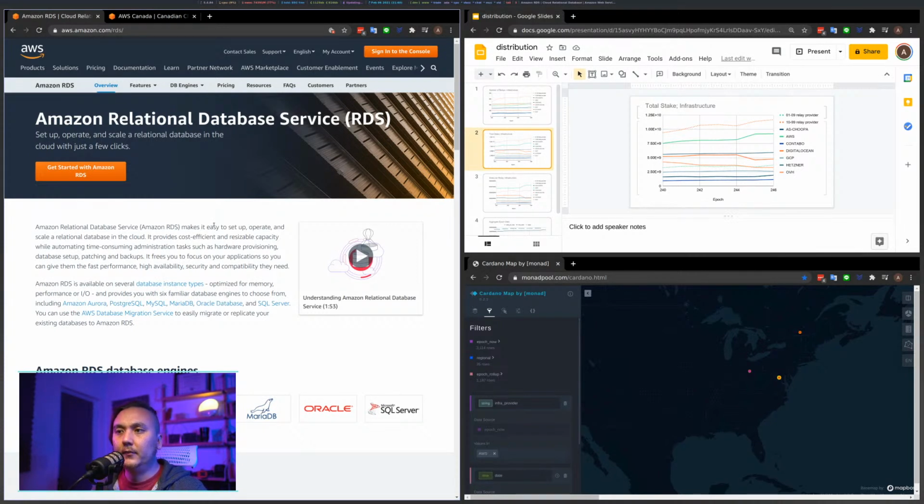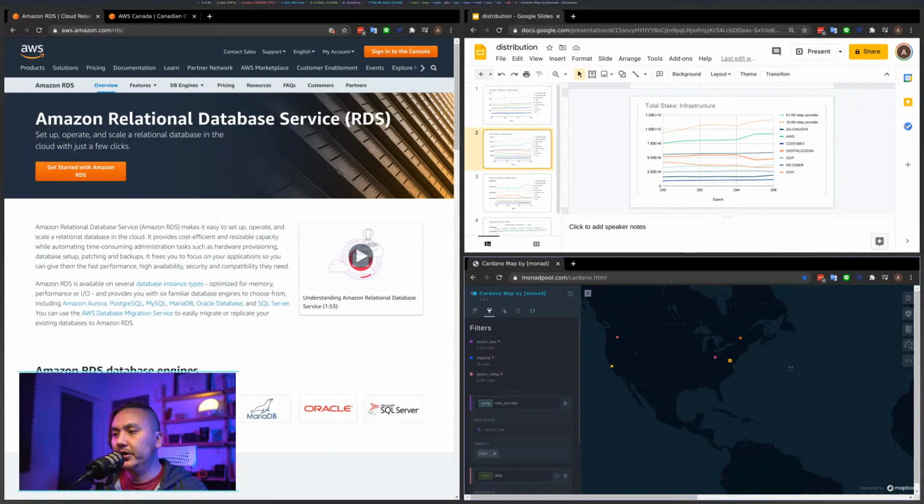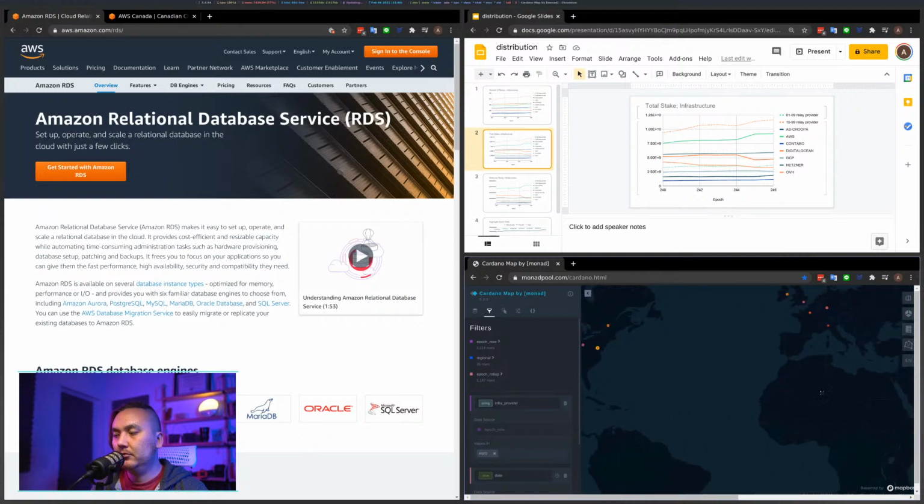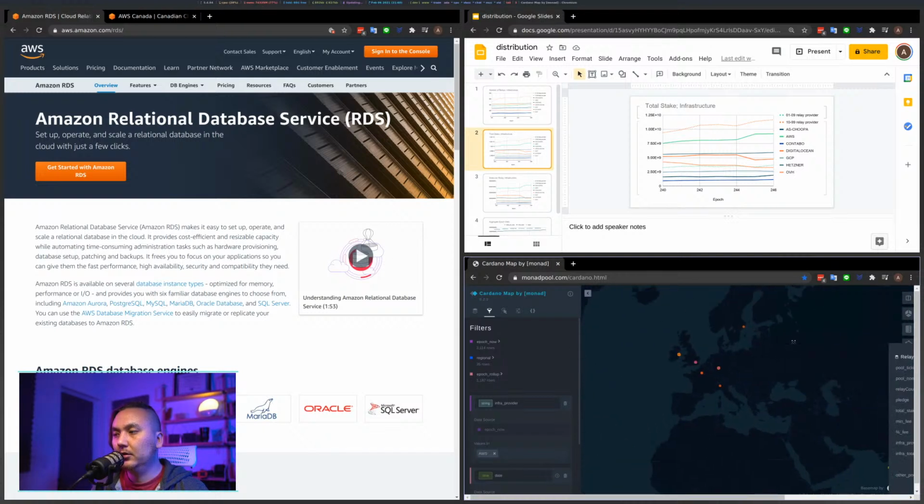But, of course, the downside is that they are available or provided at the will of Amazon, as was seen recently with the Parler deplatforming. So, if you want to go through the trouble of having a distributed, decentralized ledger network, you probably want to make sure that it's actually a distributed and decentralized ledger.